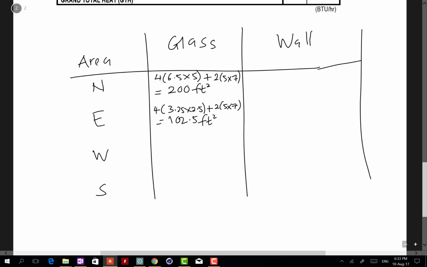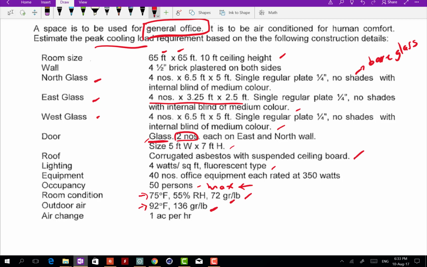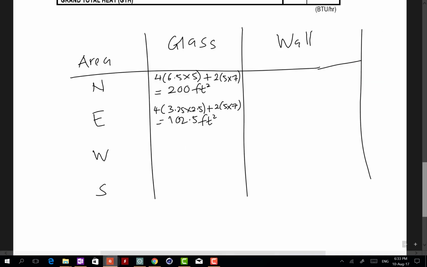West, so for the west direction, 4 times 6.5 multiplied with 5, we get 130 square feet.